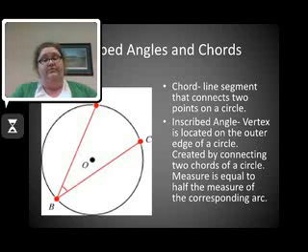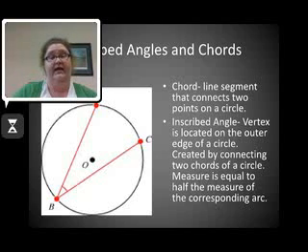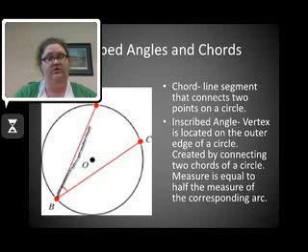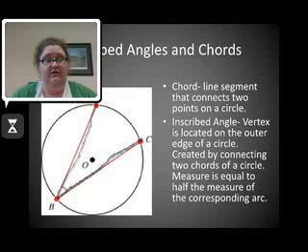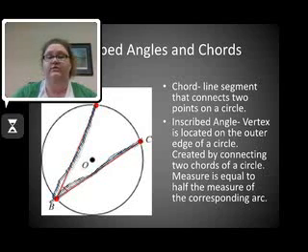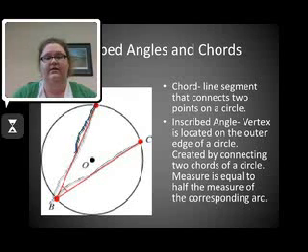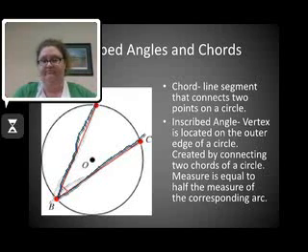Now, an inscribed angle is also formed by two chords. Chords are simply line segments that connect two sides of a circle. So, AB is a chord, CB is a chord, and those two chords happen to connect at the same point at B, which means that ABC is an inscribed angle.